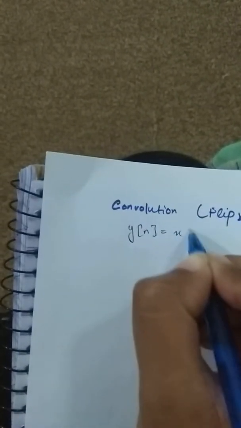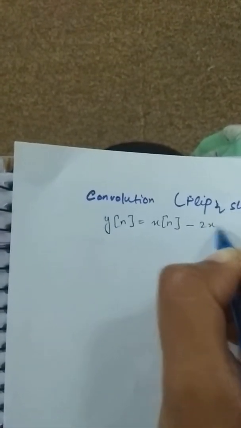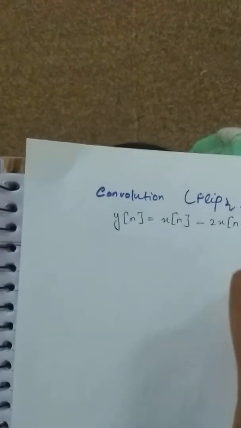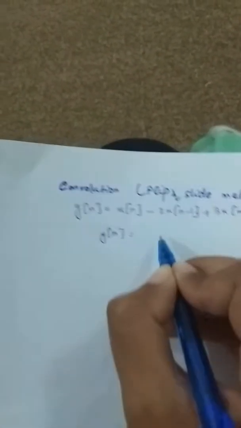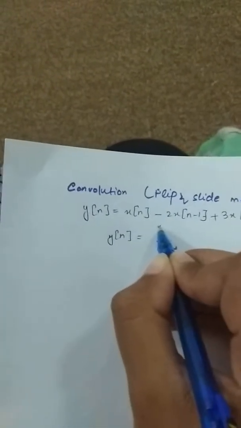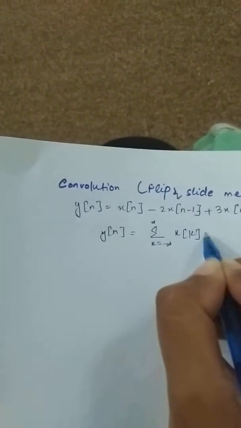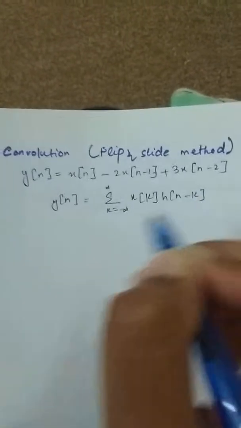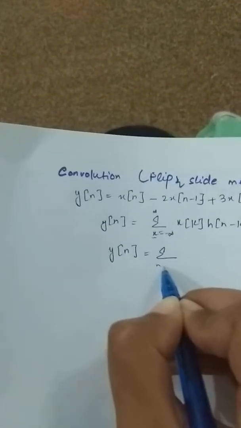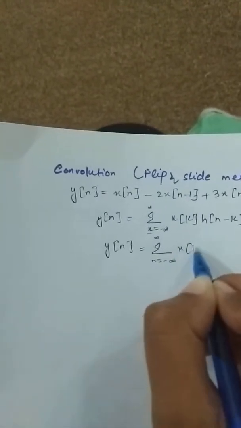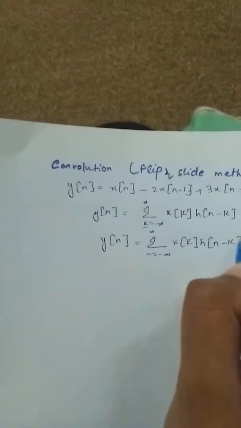I will take the same example that I took before: x of n minus 2 x of n minus 1 plus 3 x of n minus 2. And we know the previous formula that we used was the sum from minus infinity to infinity of x of k and h of n minus k. In this case, we will be replacing this k by n, and we will calculate the same values accordingly, and we will compare it and slide.